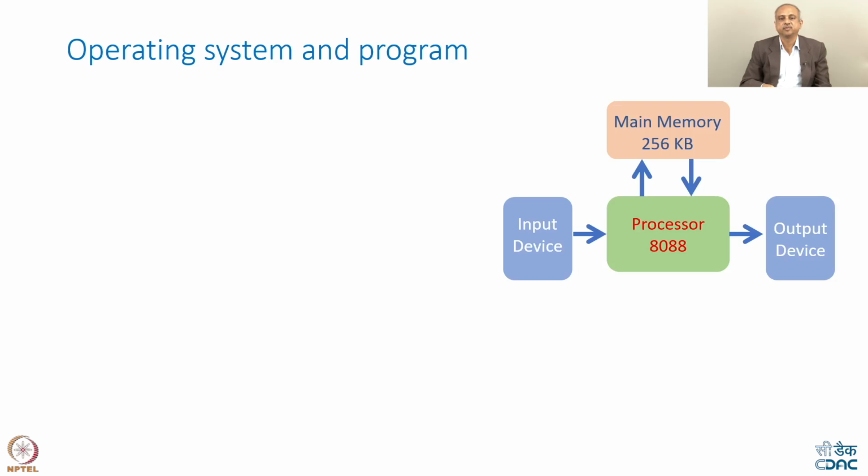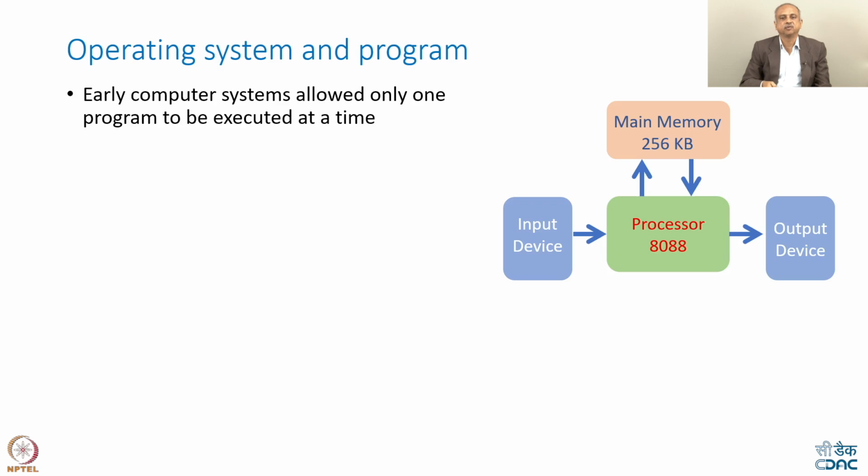In the simplest form, let us look at a processor, a very basic processor like the 8088, which has about 256 kilobytes of main memory, an input device and an output device. Typically, this will be a desktop kind of environment. When the IBM PCs, which are one of the most common architectures today, were designed using the existing processors that were available like the 8086, these processors allowed only one program to be run at a time.